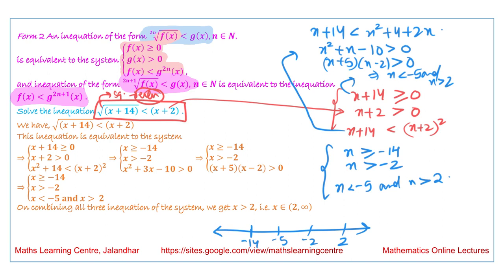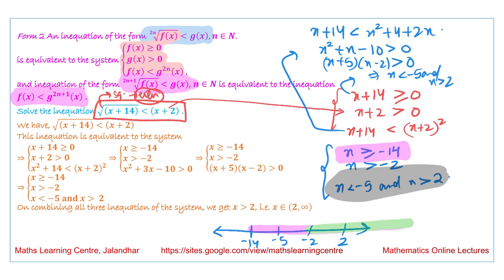Now corresponding to this first equation, we are saying x is greater than minus 14, we are talking about this region. Then x is greater than minus 2, we are talking about this portion. Then x is less than minus 5. When we are saying x is less than minus 5 and x is greater than 2, this represents the portion.